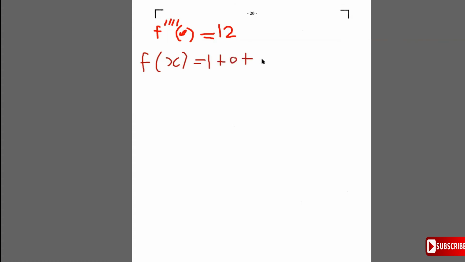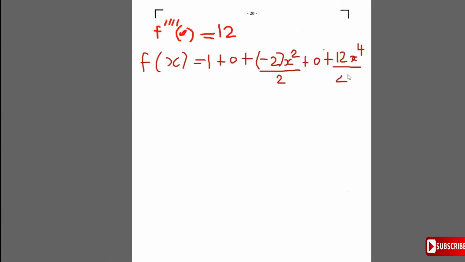F double prime was minus 2, so it's minus 2 times x squared over 2 factorial, plus f triple prime, that was also 0, plus f to the 4, which is 12, x to the 4 over 4 factorial.